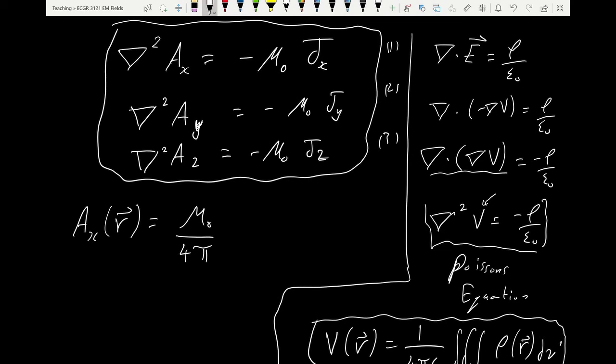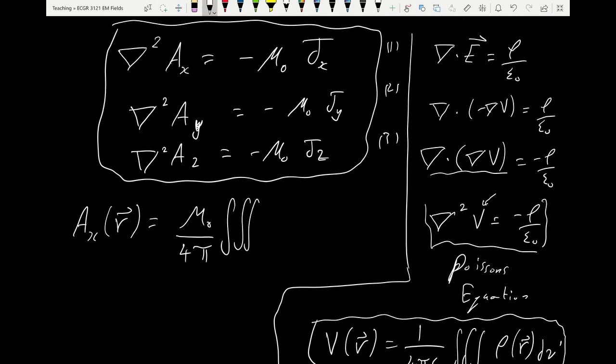And we have a minus sign, and we have a source. Instead of rho, we have J. The components of J are like the new density distributions. And the only difference is that instead of 1 over epsilon, we have mu. So instead of 1 over epsilon, I put in mu, and then this is the solution.